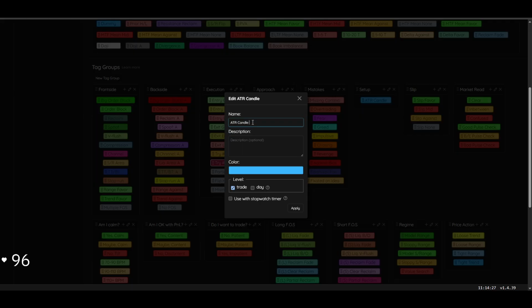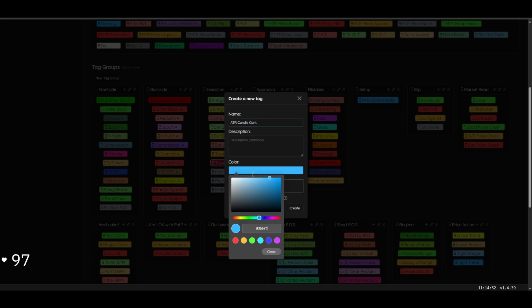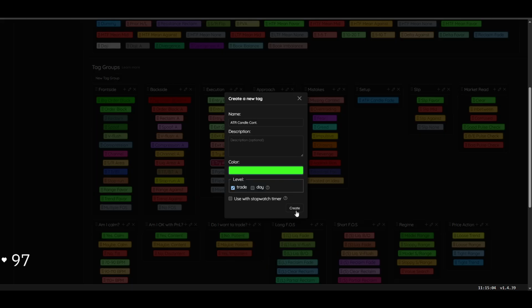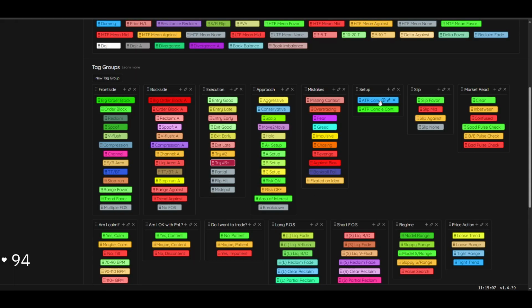So ATR candle fade, ATR candle continuation. ATR fade, ATR continuation. Just creating some new tags here.